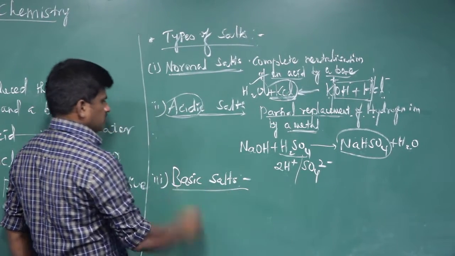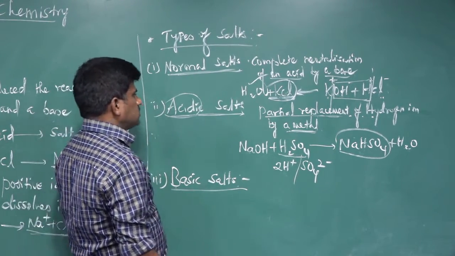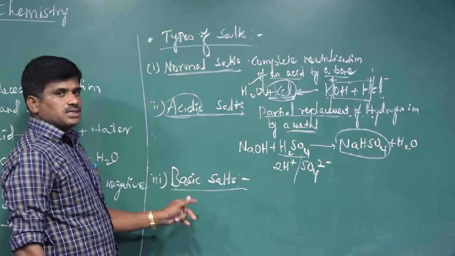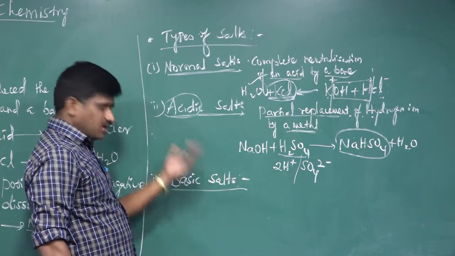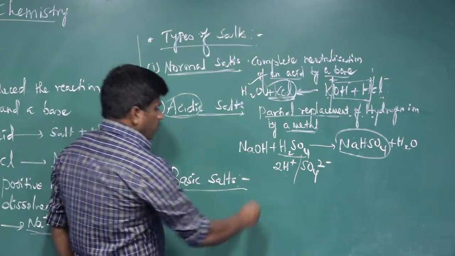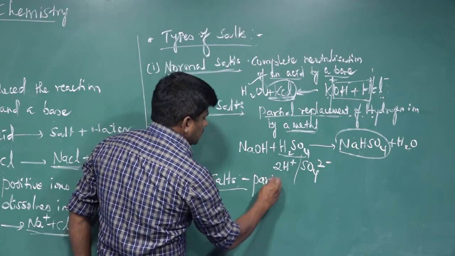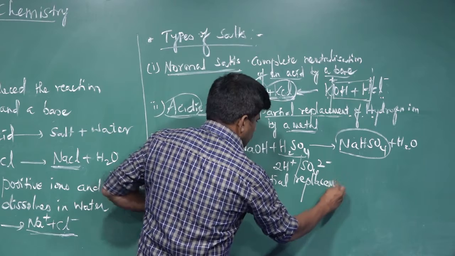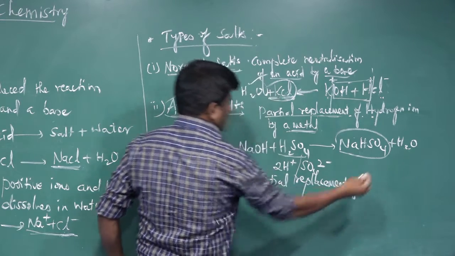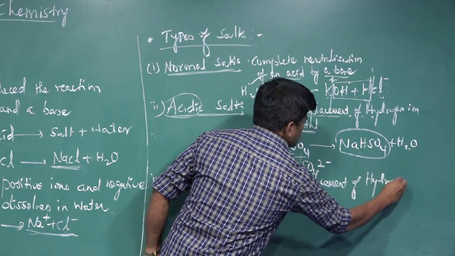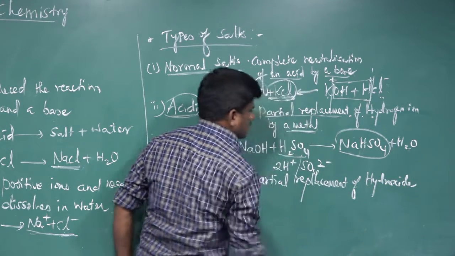Basic salt. In acidic salt, there is partial replacement of hydrogen ion. In basic salt, how is it obtained? Here there is partial replacement of hydroxide ion.